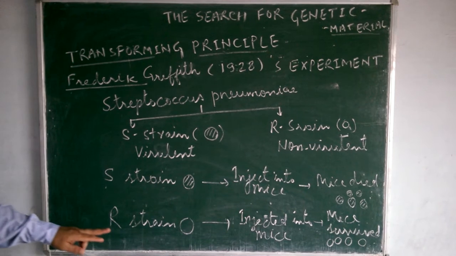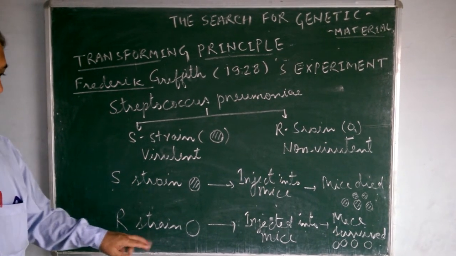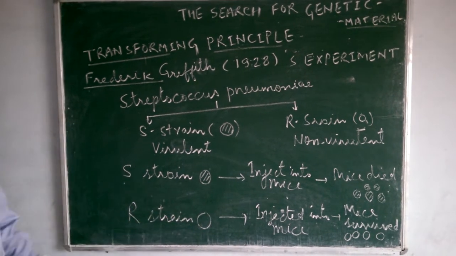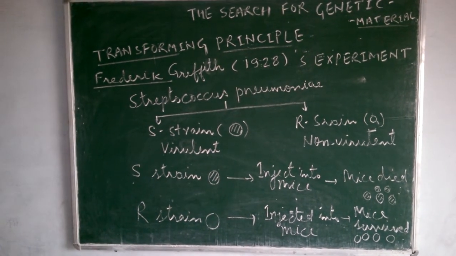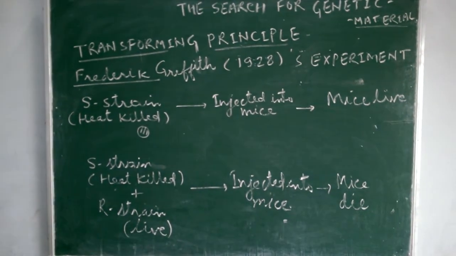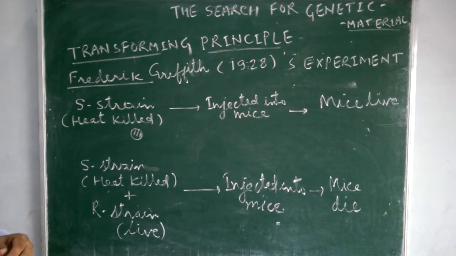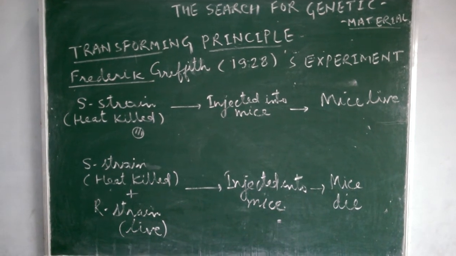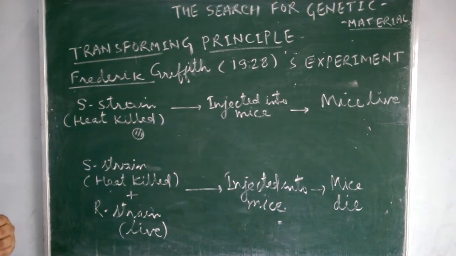Now when he injected R strain bacteria into healthy mice, the mice survived, meaning the R strain was not able to cause disease. Now he took a sample of S strain bacteria and strongly heated them. We know strong heating kills living cells.